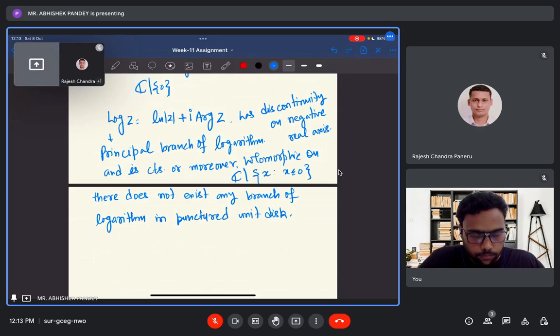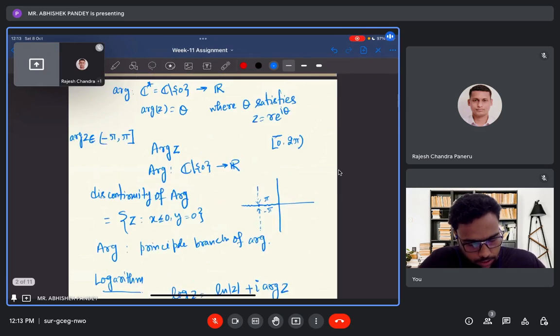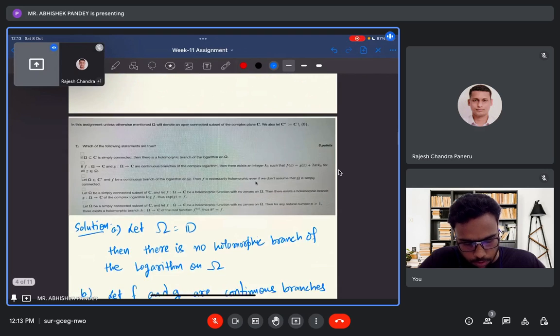So you just remove the negative real axis, then it is holomorphic. Basically, this you can prove also using the Cauchy-Riemann equations. Now with these basic facts, let us move towards the problem.